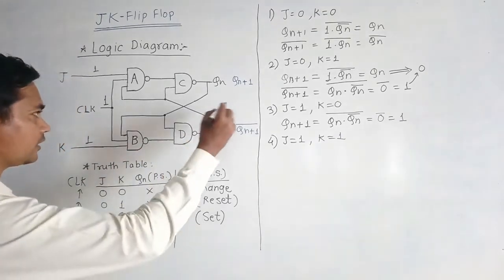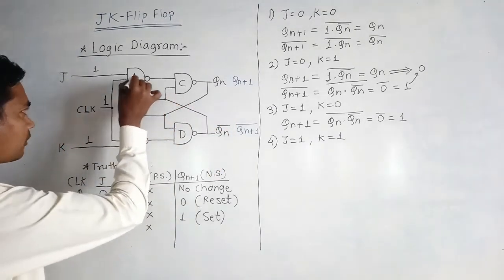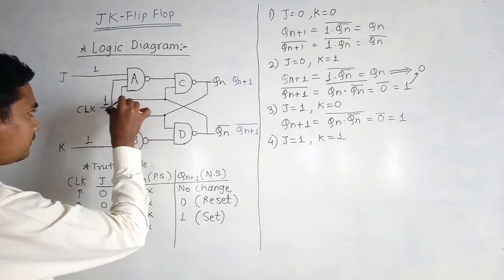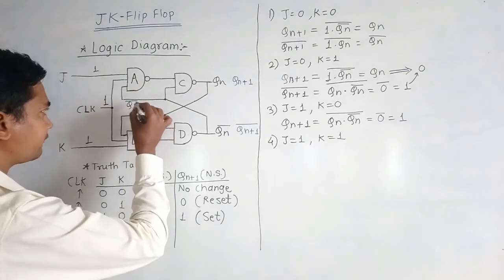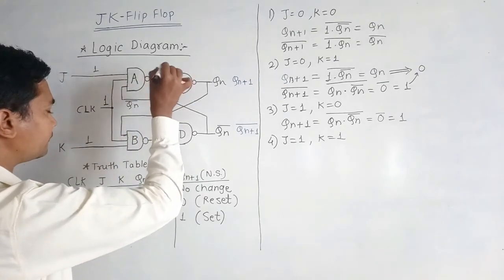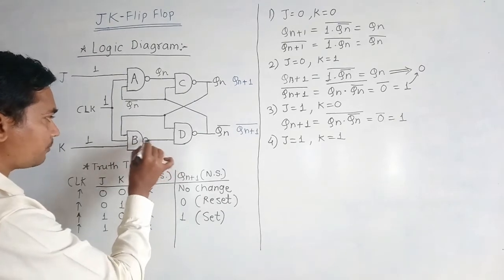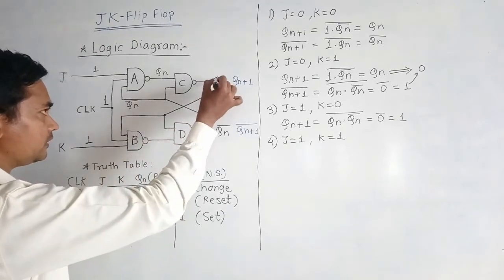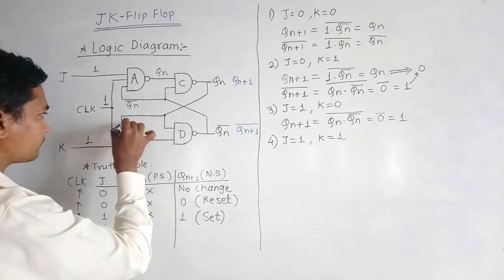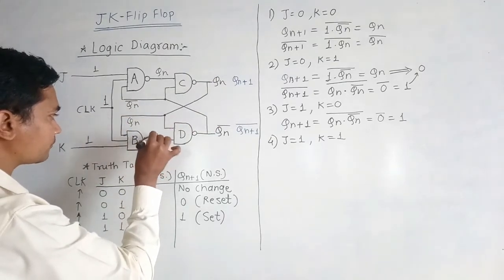So here Qn bar is applied at the third input of A gate. What will you get at the output of A gate? You will get Qn, right? And what will be available at the output of B gate? If Qn is coming on this line, then the output will be Qn bar.